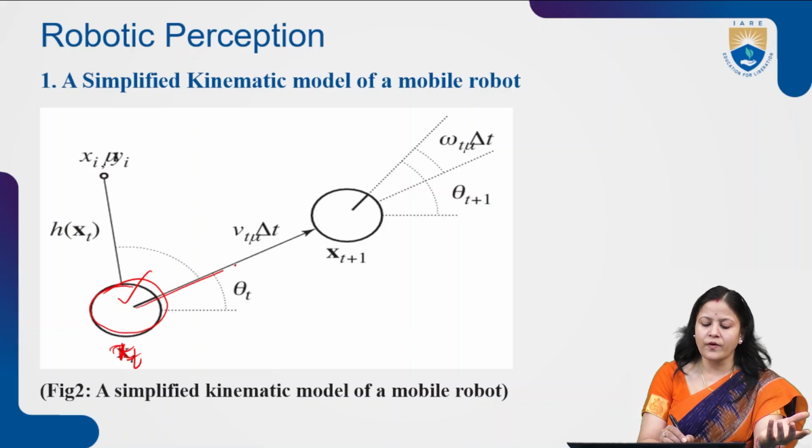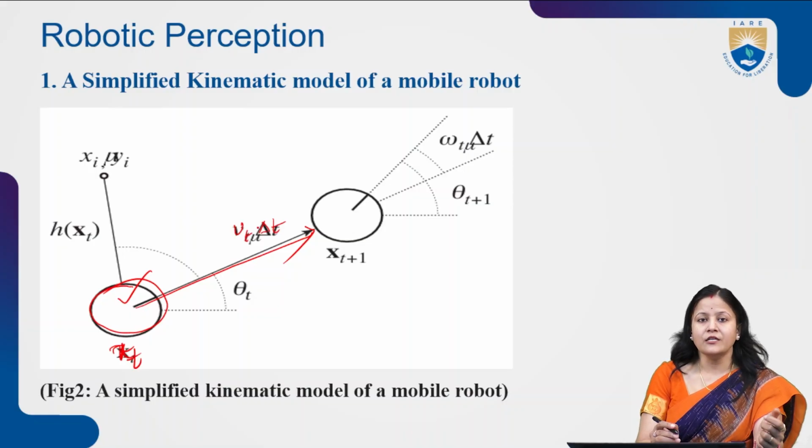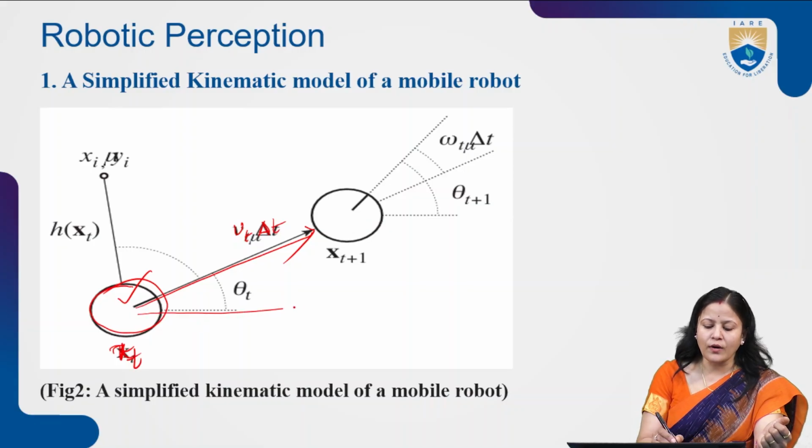Here the robot is moving in the x direction with a displacement of delta t, and vt is the linear velocity. It follows the linear velocity v with respect to time t, and a displacement of delta t. The robot can also move in an angular direction by taking an angle theta t.